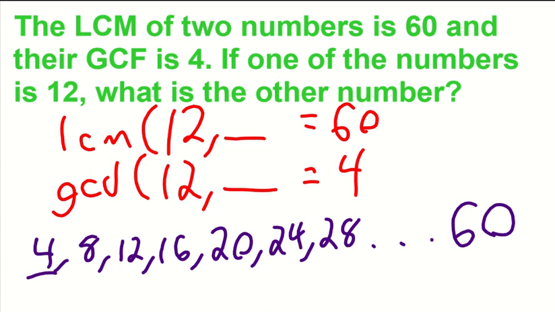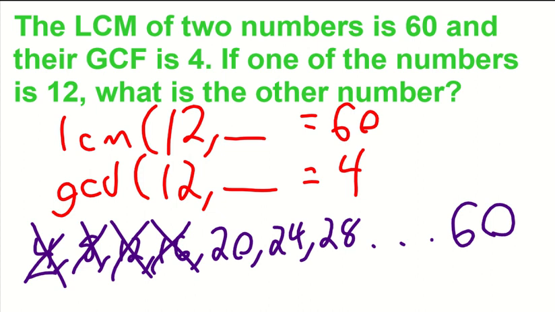So that doesn't work. 8 does not go into 60. 8 doesn't work. 12 goes into 60, but 12's already the other number, so 12 doesn't work. 16 does not go into 60. So 16 doesn't work. So now we got 20.